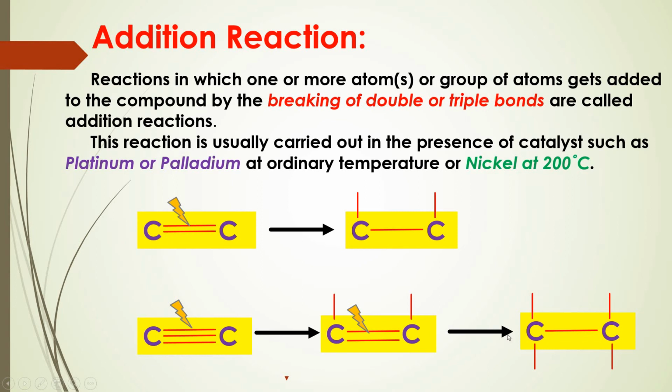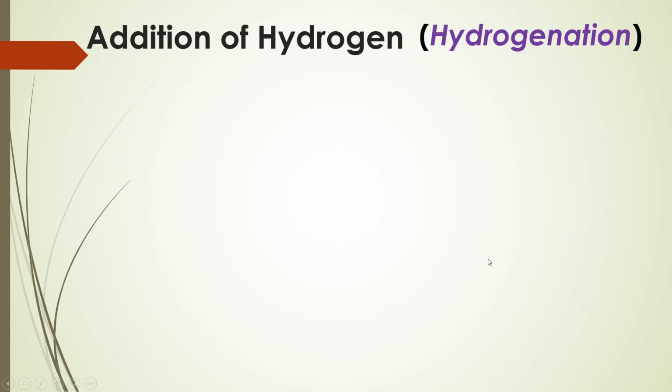Thereby, when two covalent bonds break, we get four single covalent bonds with the two carbon atoms in such a way. Thereby, when the addition reaction completes in alkynes, the final product is again an alkane. So this is how the addition reaction takes place. Now let us try to understand this by taking examples.